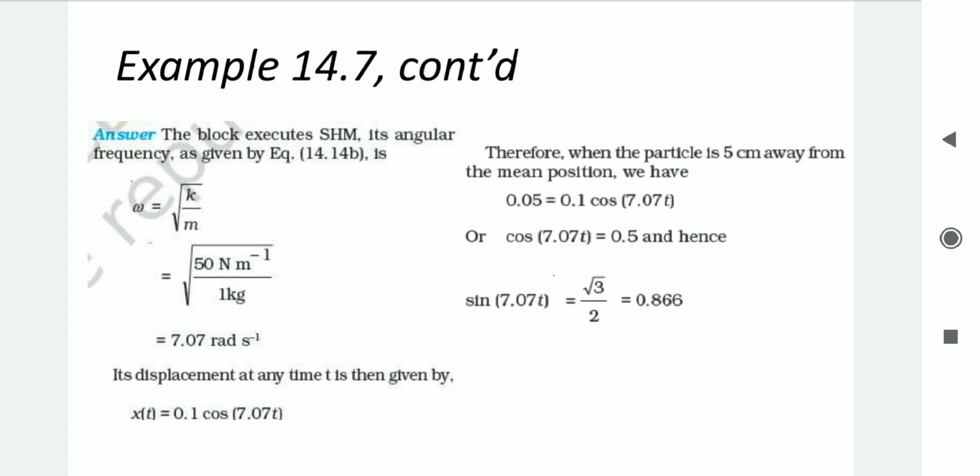X of t equals 0.1 cos of 7.07 t. By solving that equation, cos omega t equals 0.5, and sin omega t equals root 3 by 2.